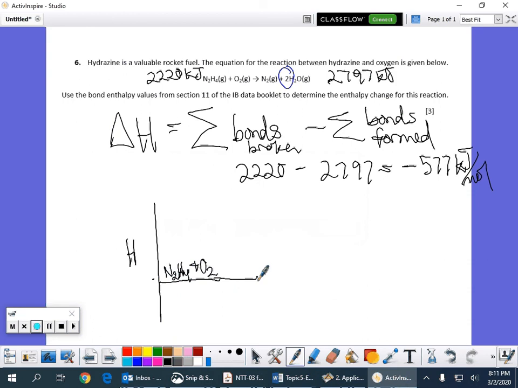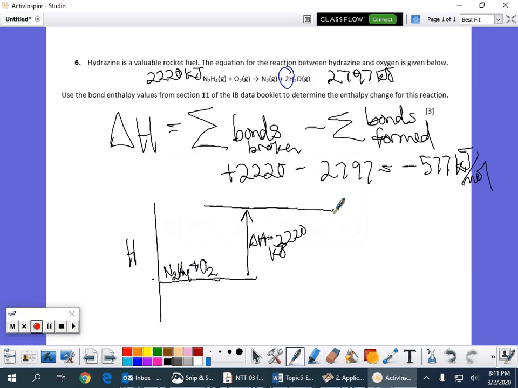And in order to break those bonds, we are going to need to add energy. So we have a positive enthalpy going up of 2220 kilojoules, okay? And that takes us to the level where we have all of the bonds broken. So this is not where our products are.